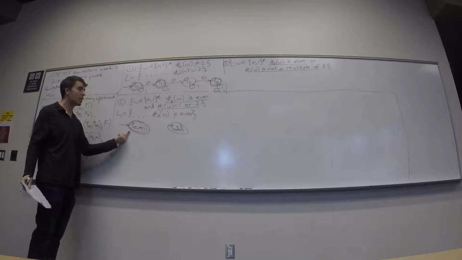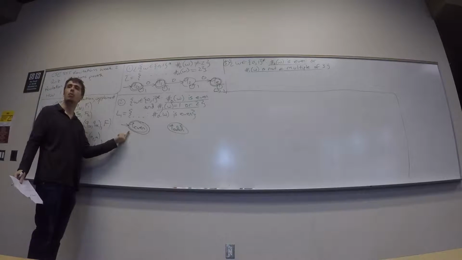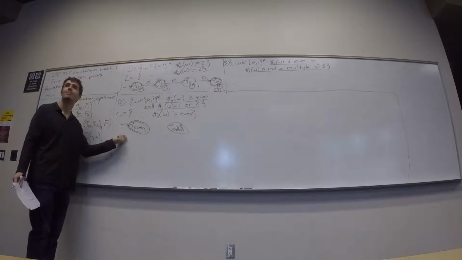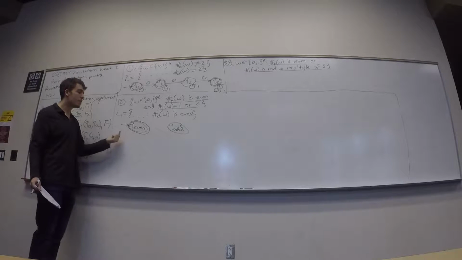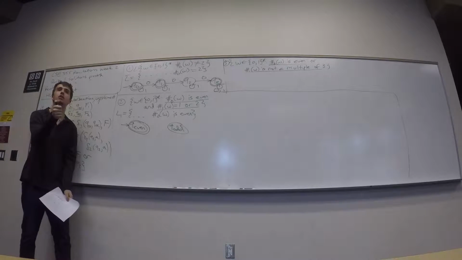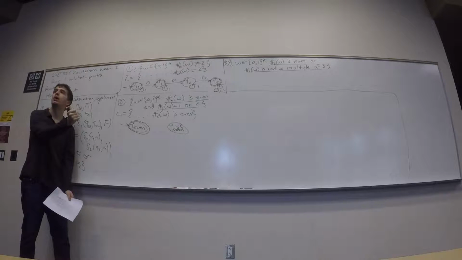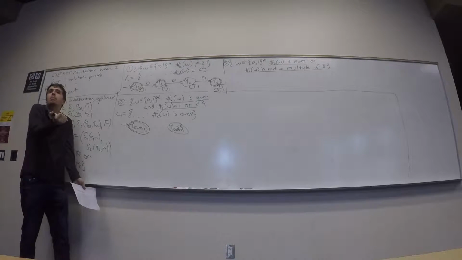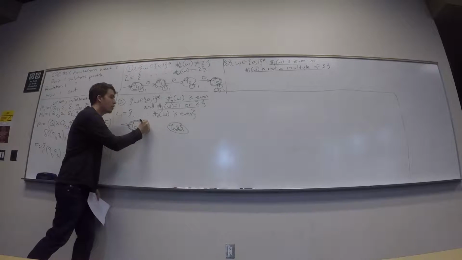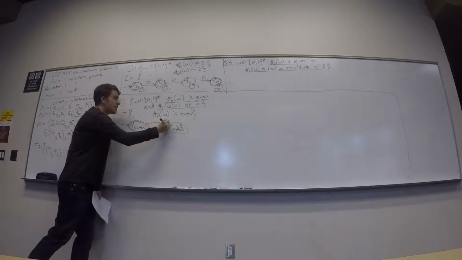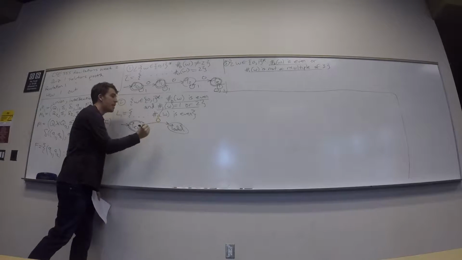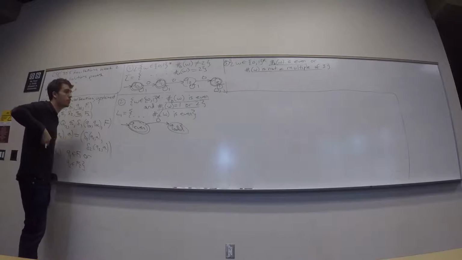So now all I have to figure out is where everything goes on 0 and 1. Where do you think Q even is going to go on 0? It better be odd, right? Because if I've seen an even number of zeros and I read one more, I've now seen an odd number. And the other way around: if I've seen an odd number and I read one more, I've now seen an even number.